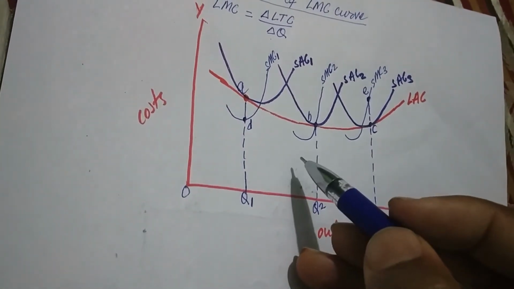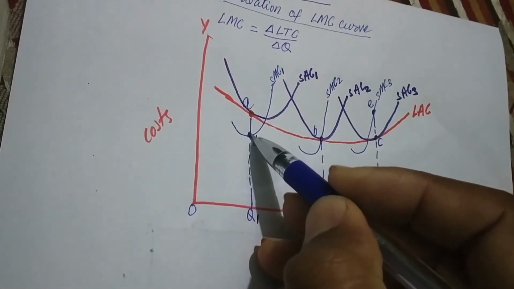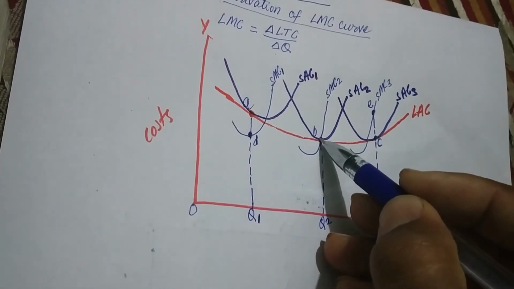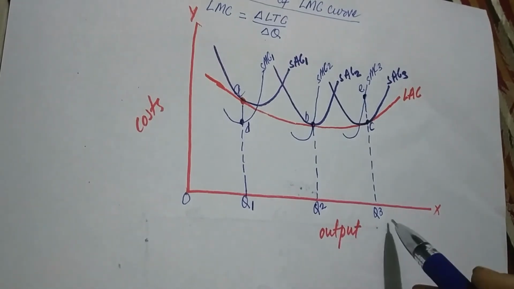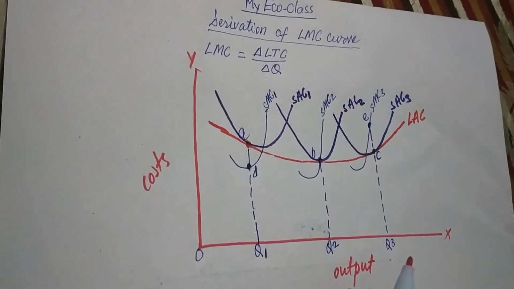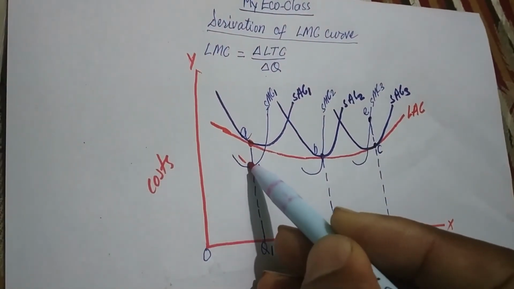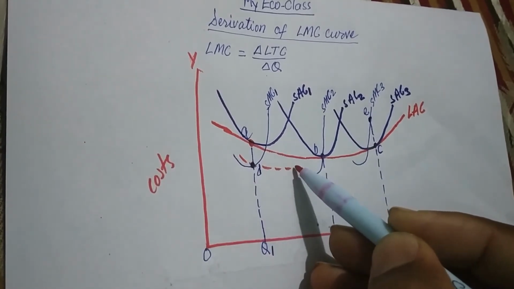Now, till now we have traced three different points that represent long run marginal cost for different levels of output. By drawing a smooth line through these points, we can derive the long run marginal cost curve.